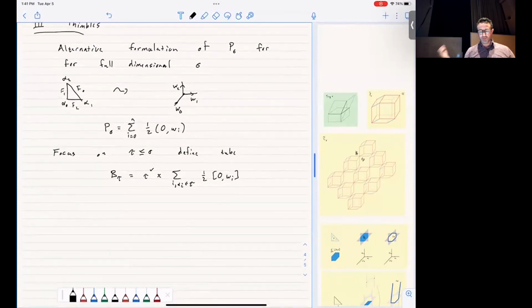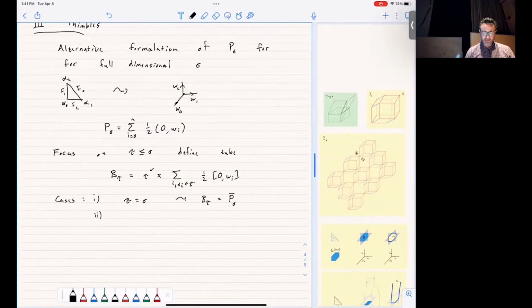So this really will look like one of two things. Case one is that tau is full dimensional, then its dual is just going to be a point. And so this is just going to be this zonotope, the closure of the open polyhedron.